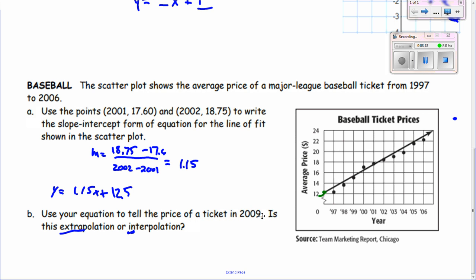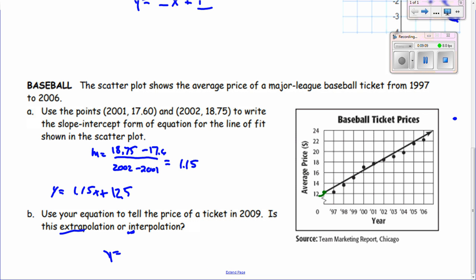Okay, so to extend this out to 2009, this would be 96. So if we go out, that's 1, 2, 3, 4, 5, 6, 7, 8, 9, 10. 2007 would be 11. 2008 would be 12. And 2009 would be 13.